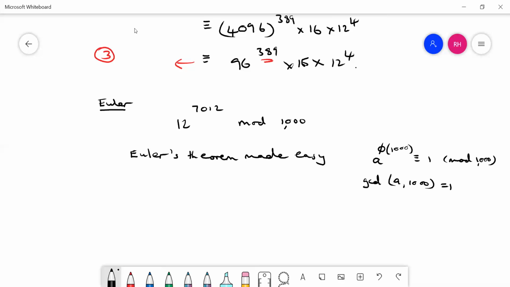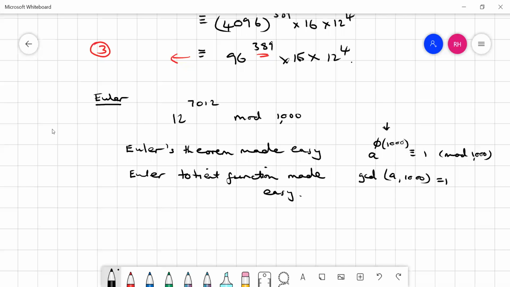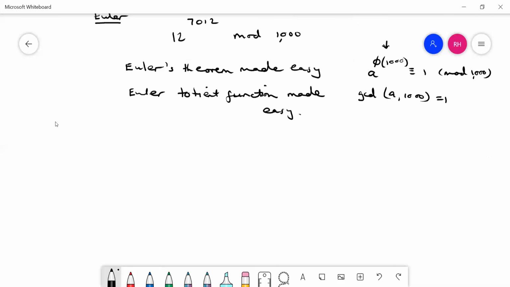So to do this method, you're going to have to come to terms with the phi function. It's called the Euler-Totient function. So you'll have a look at my video on that if you want, or source the information from someone else. Okay, so I'm familiar with the Euler-Totient function, so I would just go phi of 1,000. Well, that's phi of 8 times 125.